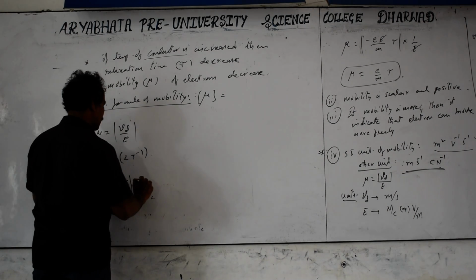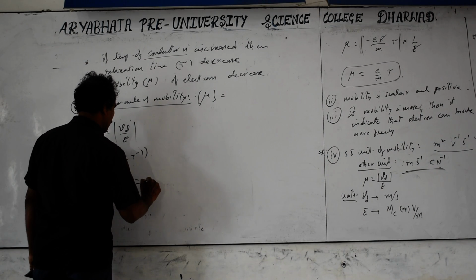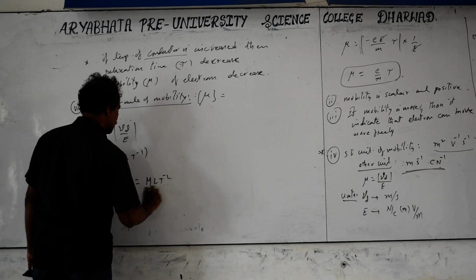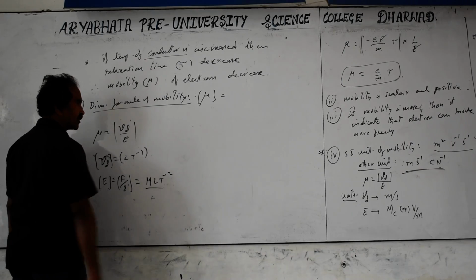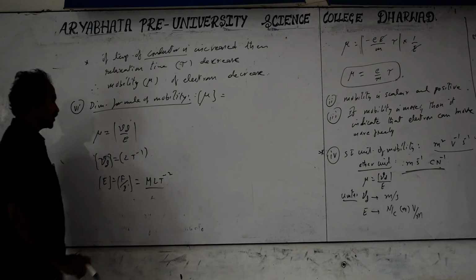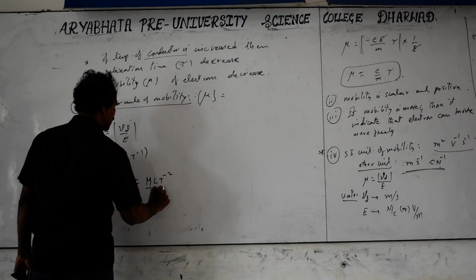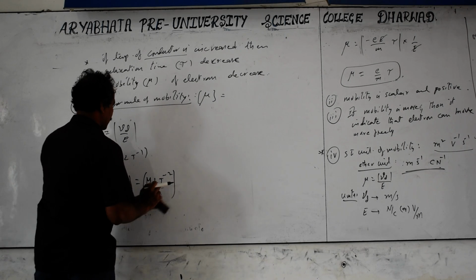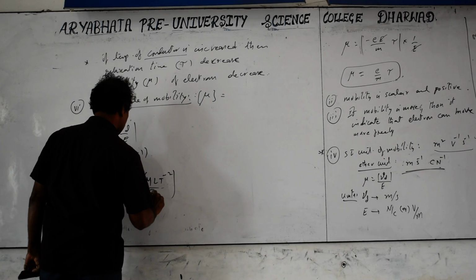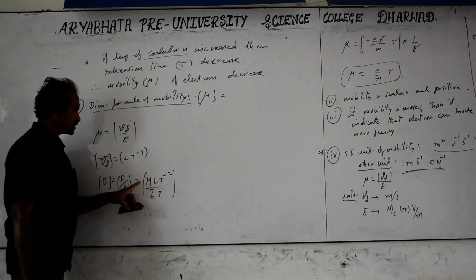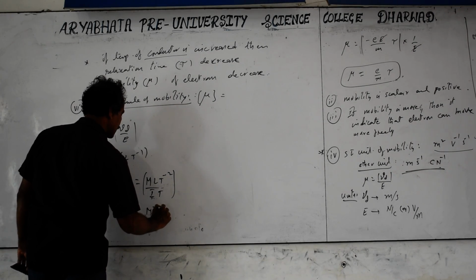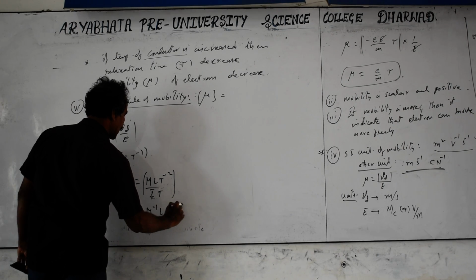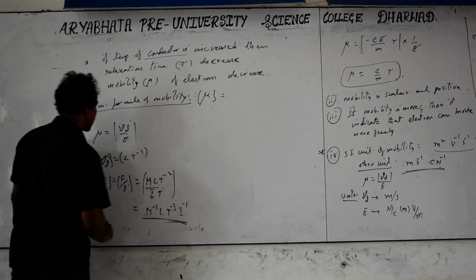What is the force dimensional formula? F equal to mass into acceleration, M L t to the minus 2, by charge. Charge in terms of current: I equal to q by t, q equal to I into t, or A into t. So this term becomes M to the minus 1 L t to the minus 3 I to the minus 1, which is the electric field.